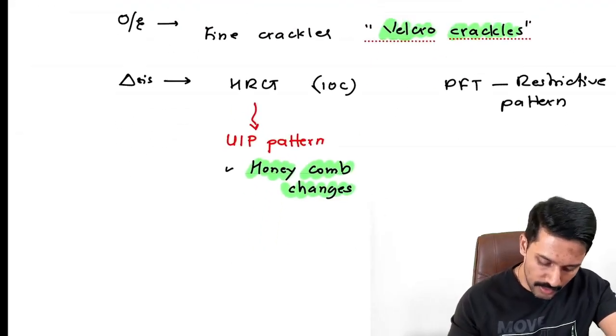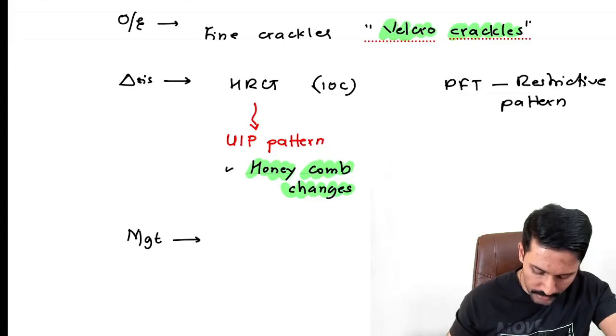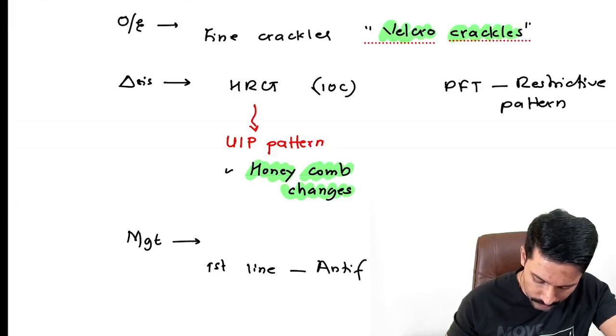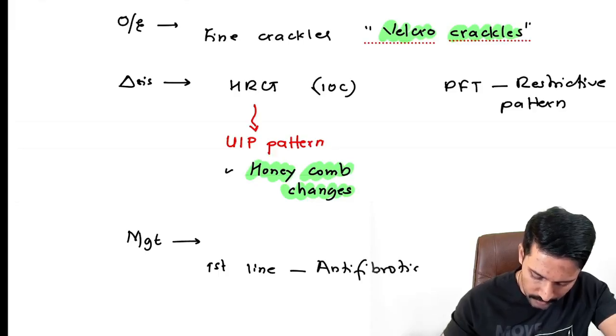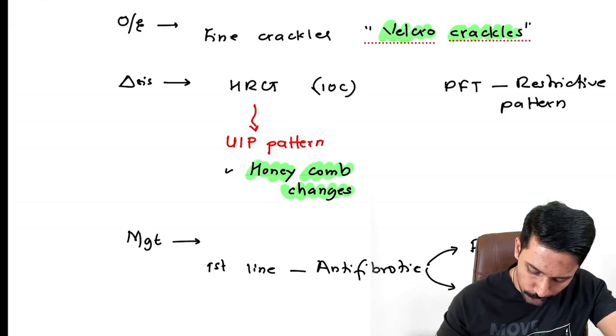Once you diagnose it as IPF, how are you going to manage a case of IPF? The first line treatment is antifibrotic drugs. So what all comes under antifibrotic drugs? First we have pirfenidone, and the second one is nintedanib.